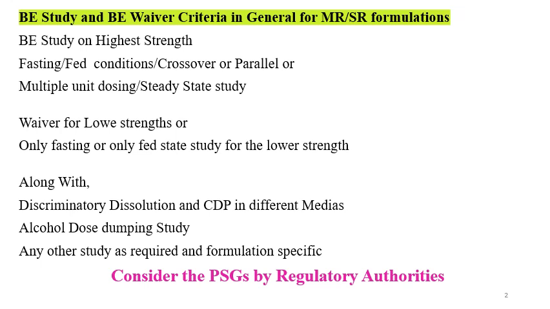So profiling is required. Then an alcohol dose dumping study is required for the modified release formulations. And also sometimes other studies may be required as per the guidelines of the regulatory authorities.